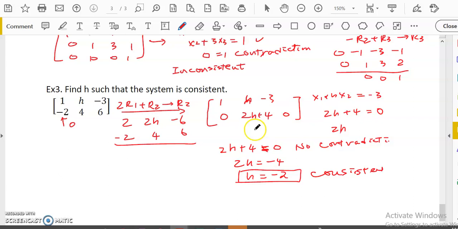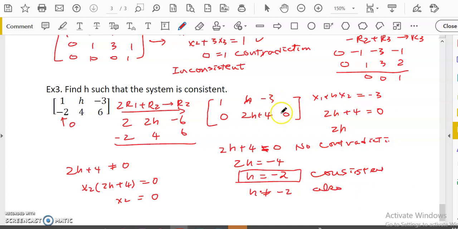So I think x2 can be anything actually, right? So if 2h plus 4 is not equal to 0, I think in all cases this is okay, because the fact is that this side is 0, which guarantees that you are okay. Then you will have 2h plus 4 times x2 equal to 0, then just x2 would equal 0. So I think h not equal to negative 2 is also consistent.